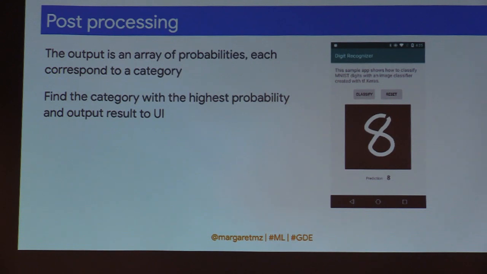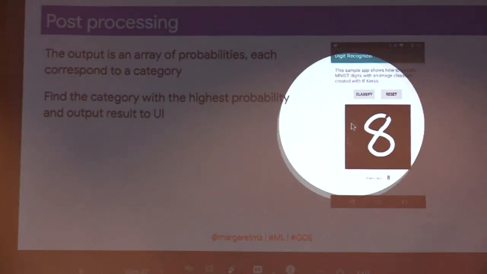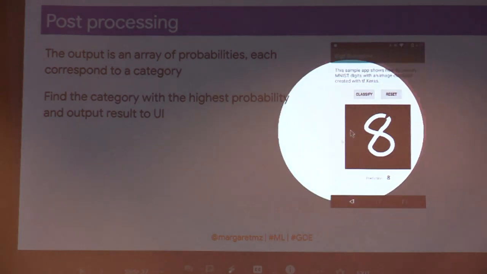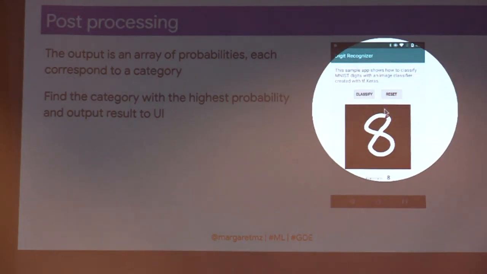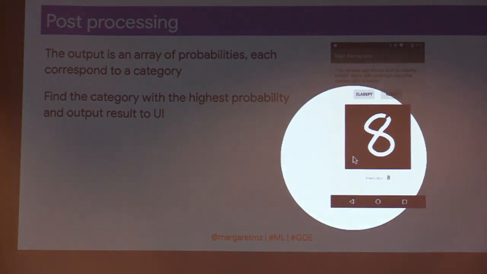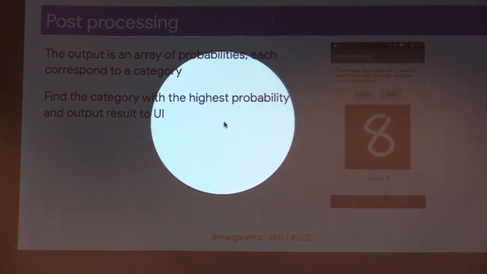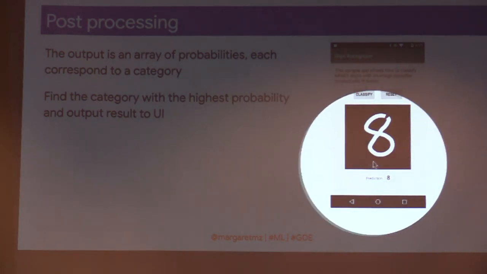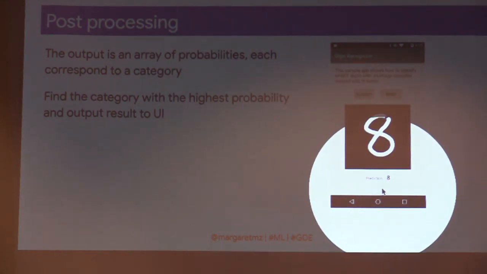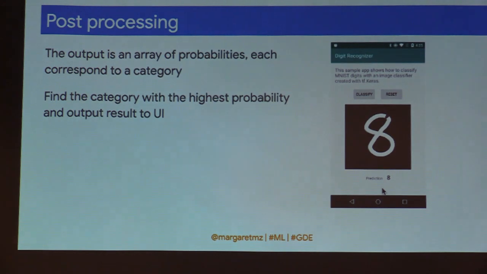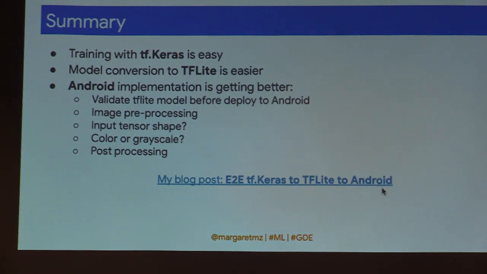So for example, say this is an app, I use my finger to draw a number 8, and I click on the classify button. The model runs the inference, the probabilities come back, and I pick the one with the highest probability, which is number 8. So, a very, very simple example of a digit recognizer.